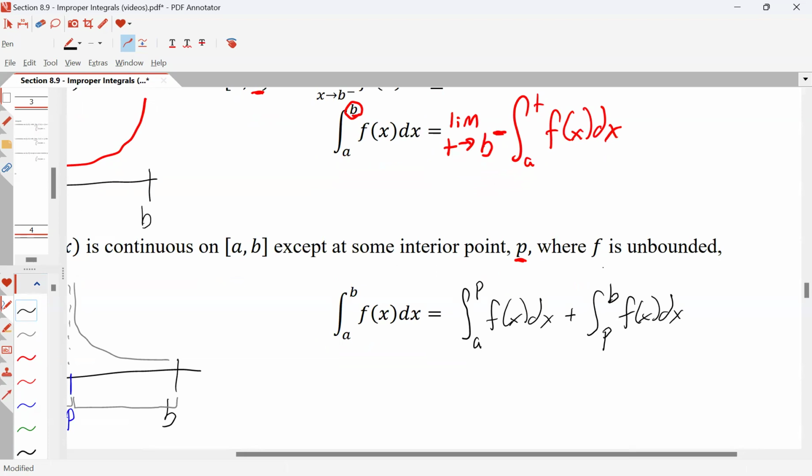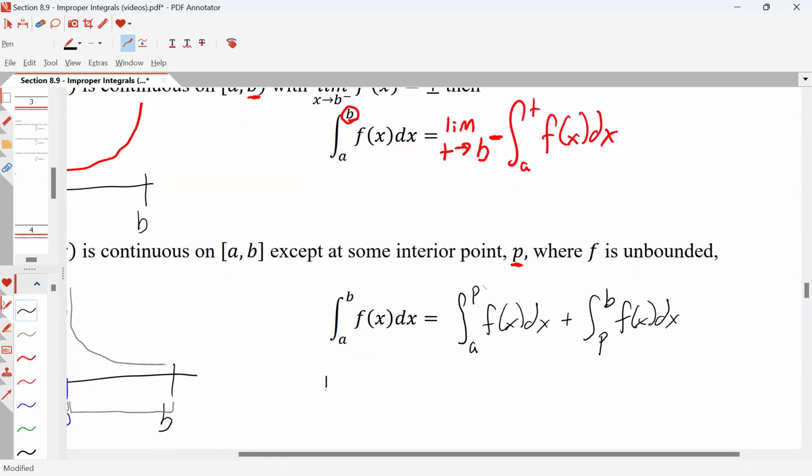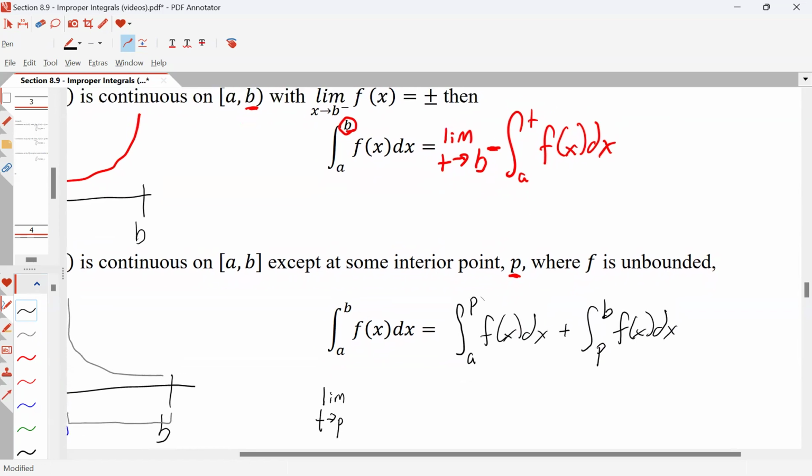And now, using limits, we can see this is an upper bound that's a problem. So we would turn that upper bound into a limit. So t goes to p from the left of the integral from a to t, f of x dx. Plus, now in this second one, the lower bound is the problem.